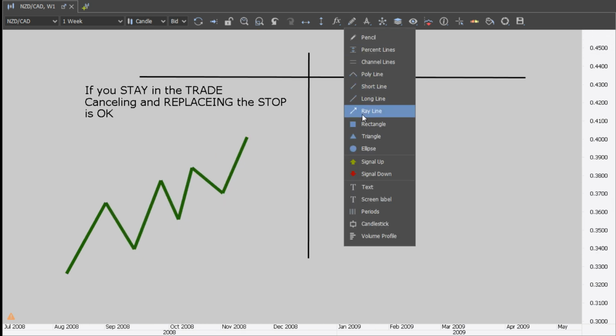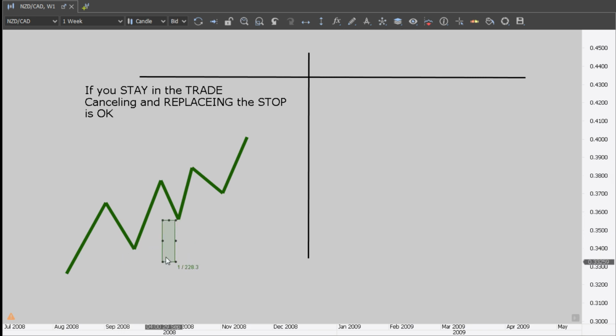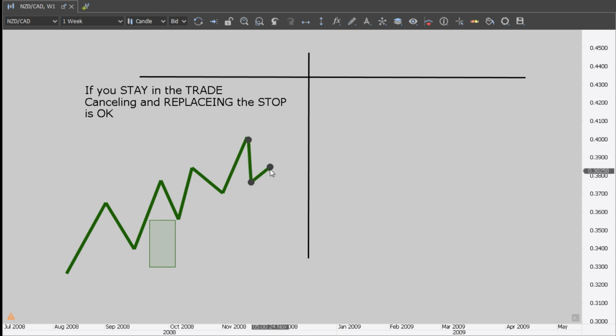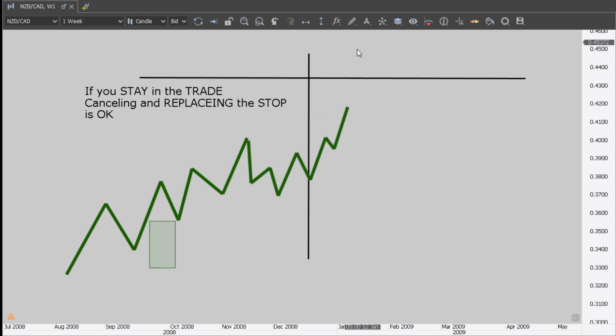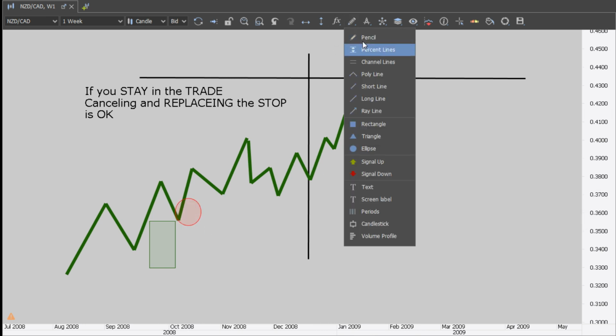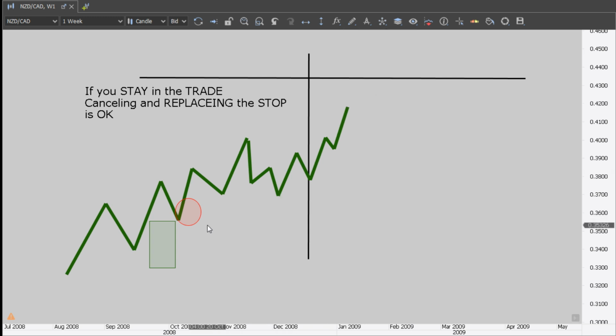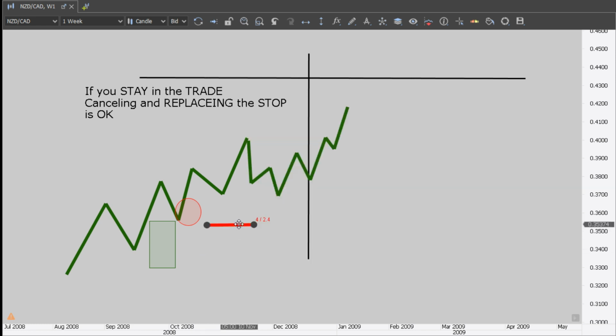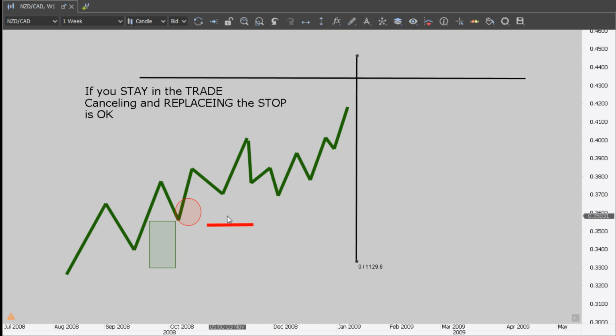When you have the initial plan, everybody, you entered here, this was your stop loss, and the market can do anything it wants. If this is your initial trade and you are not profit taking, then every time the market makes a new high, you can cancel and replace your stop. In this case, this is okay. The market is moving, I'm canceling and replacing, cancel, replace, cancel, replace. So I'm following the market, this is okay.